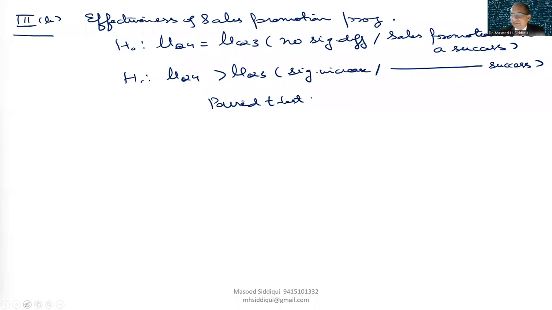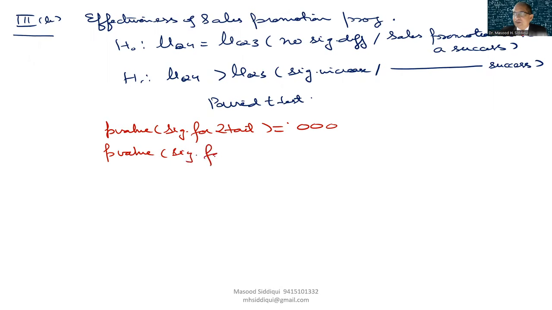Right? So here, as you see, the p-value or the significance for the two-tail test is 0.000, right? And accordingly, the p-value or the significance for the one-tail test, as the case here is 0.002 divided by 2. So this would be indeed less than 0.05. So we would be rejecting H naught.